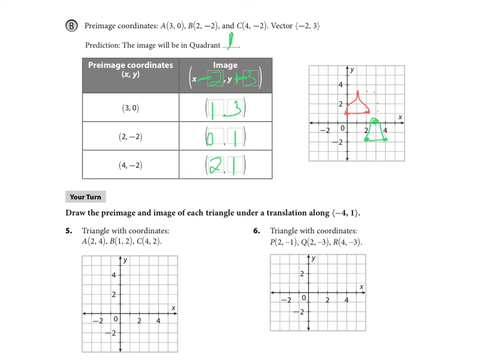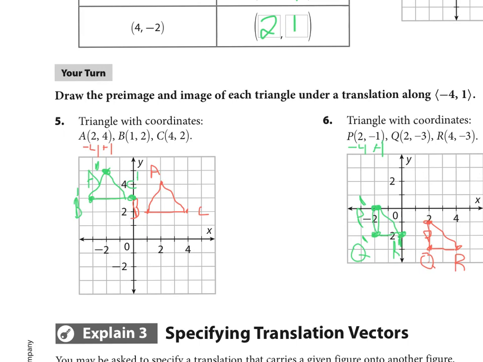Now I want you to pause the video and do 5 and 6, and then come back and check your work. Okay, so there are my beautiful triangles. Hopefully yours are like that, and we can check this real fast. Let's just check one point. This means left 4 and up 1.